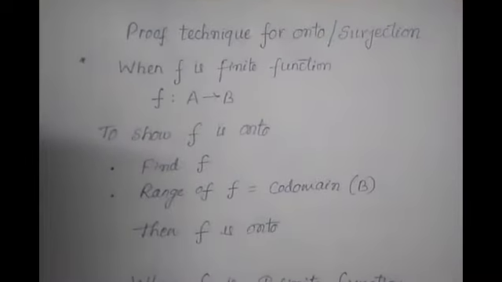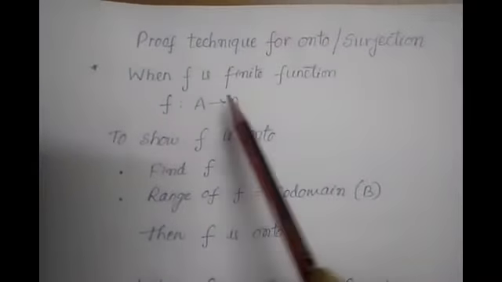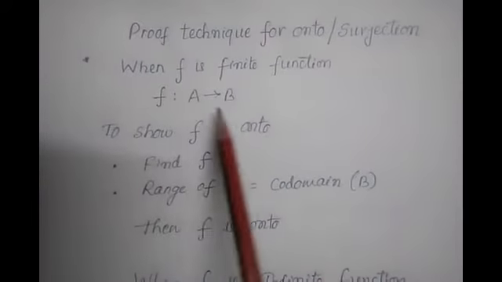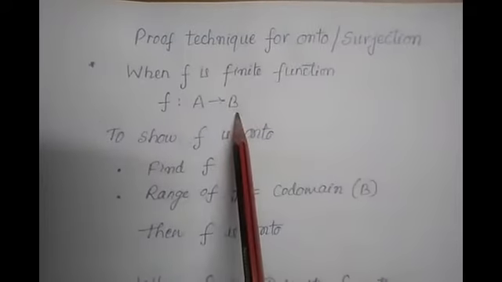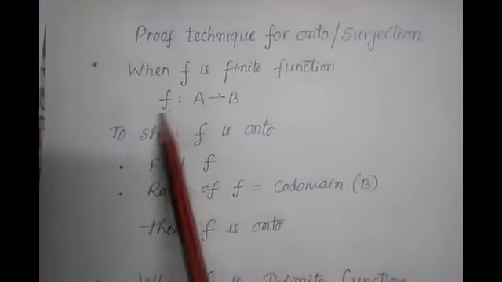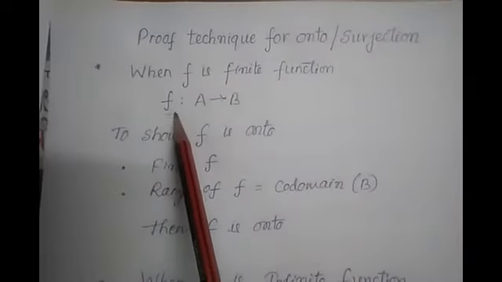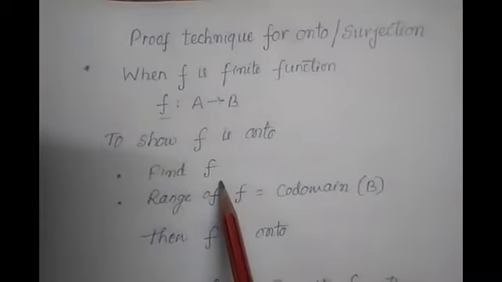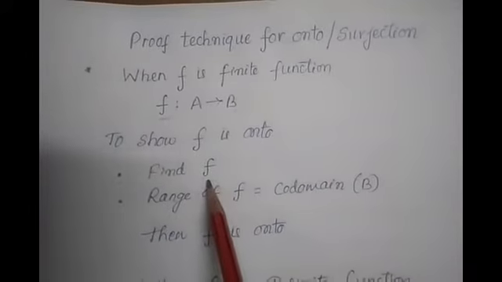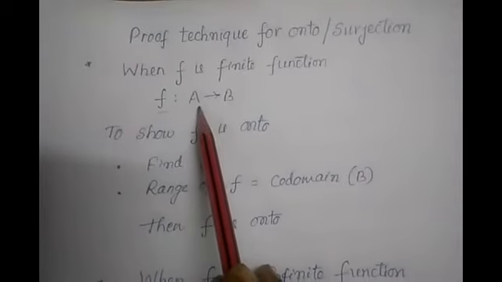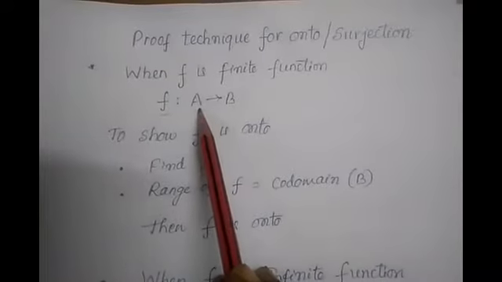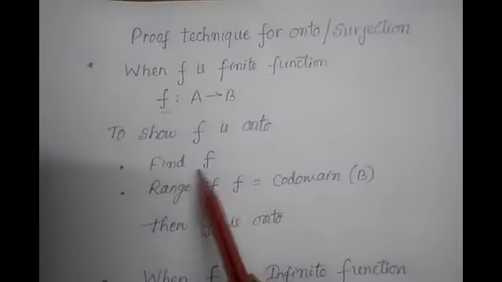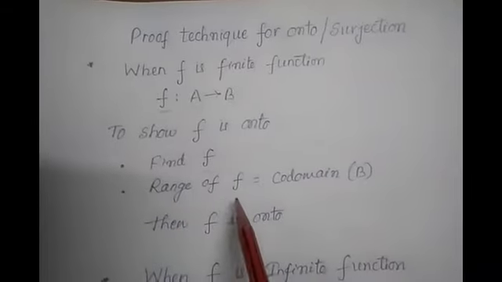Proof technique for onto or surjection. When f is a finite function, that means the function f is defined on finite sets. Here A and B are finite sets, so f is called a finite function. For this case, to show f is onto, simply find f. How to find the f values? Substitute all the values, that means all elements of the domain, in the function f. Then the resultant values represent the range of f.